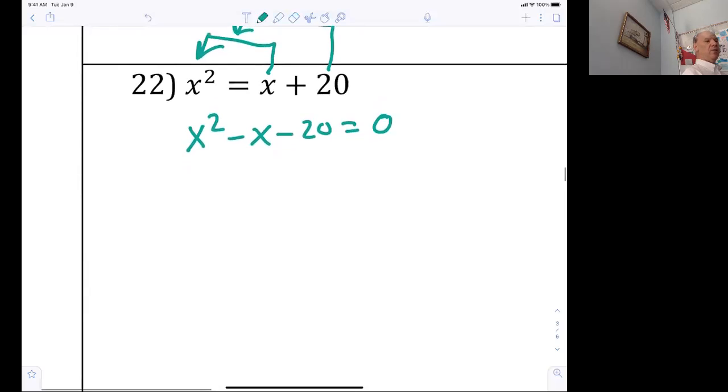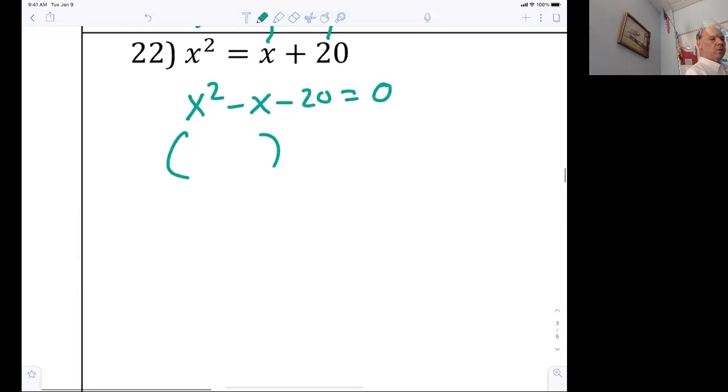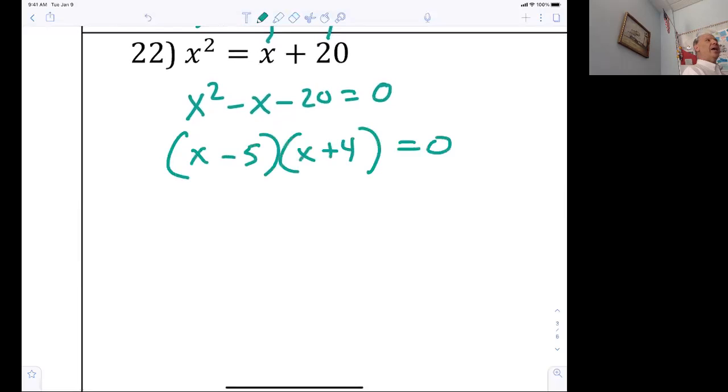Now let's get into the factoring. And what do I have? 5 and 4, -5, +4. And at some point, for those of you who are brilliant, my teacher would get so mad at me, because I can tell you what the answer is.